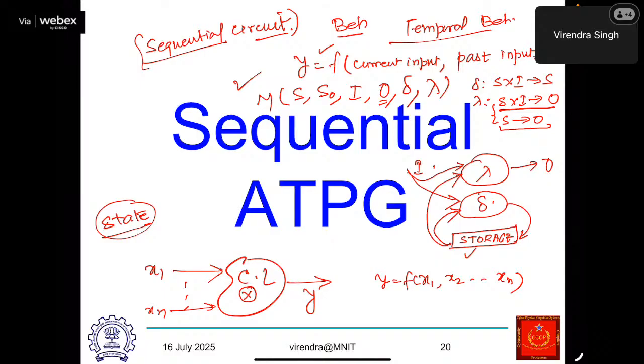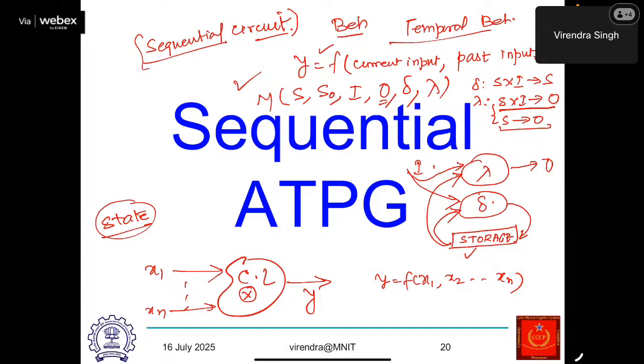So I want to find out a set of inputs which can give me distinguishable fault free and faulty output, so that I can distinguish whether the circuit is a faulty circuit or a non-faulty circuit.